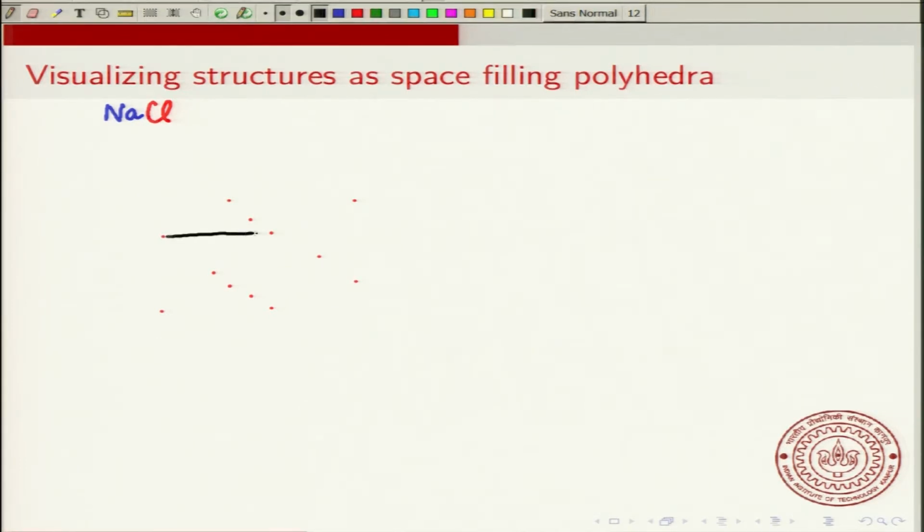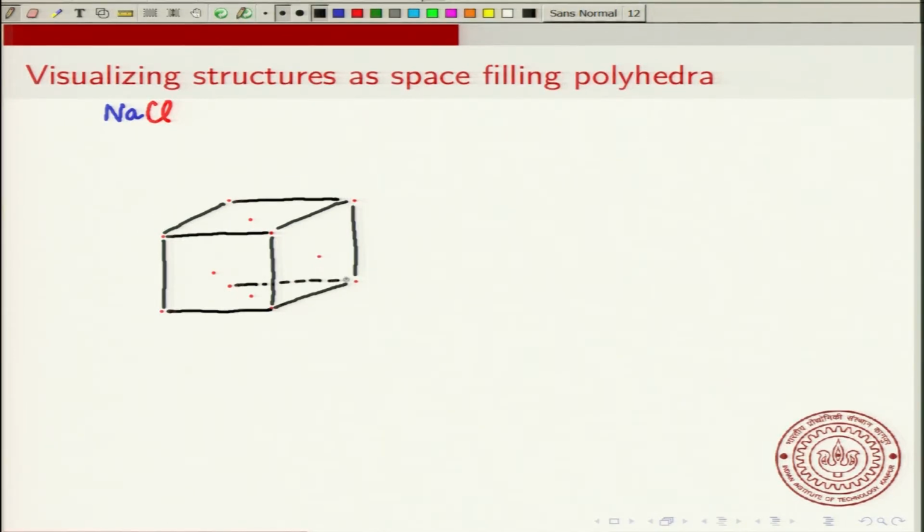Just to show what the cubes look like, they look like this. And there will be a few more chloride ions at the centers of each of the faces. So, this is a close packed structure formed by the chloride ions.